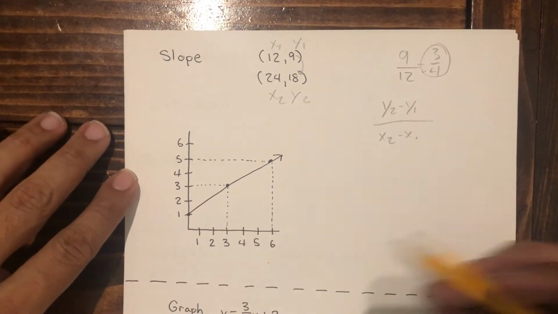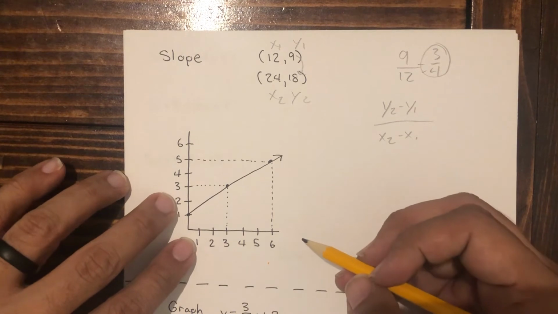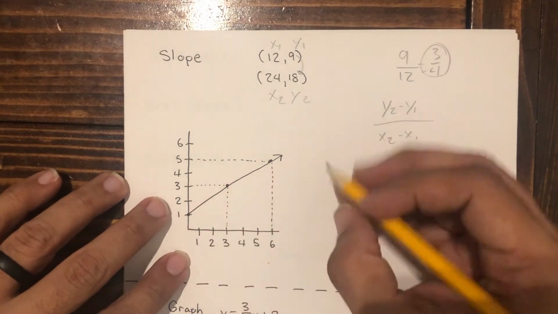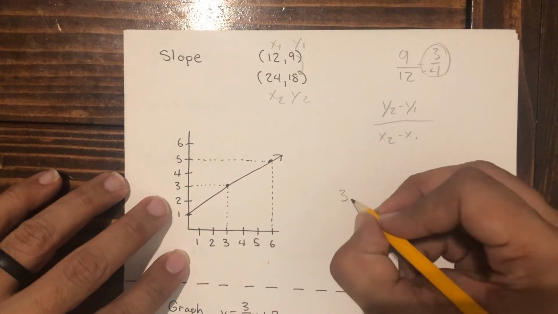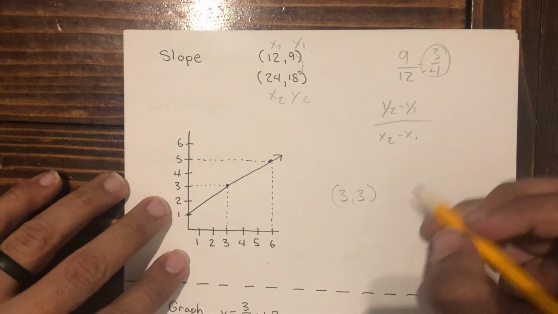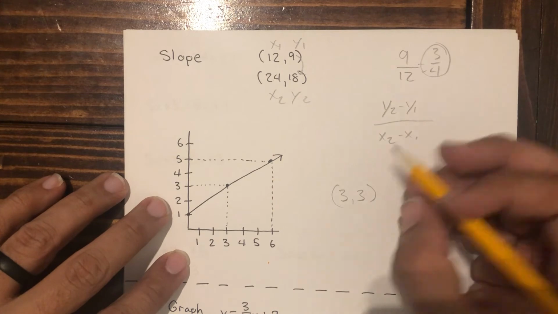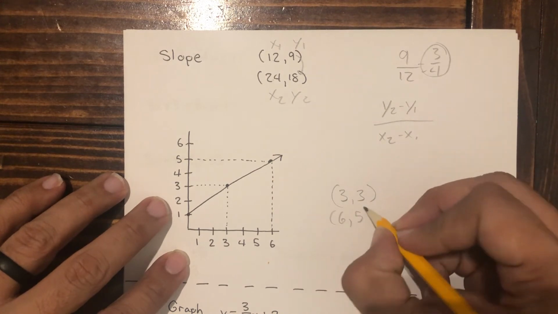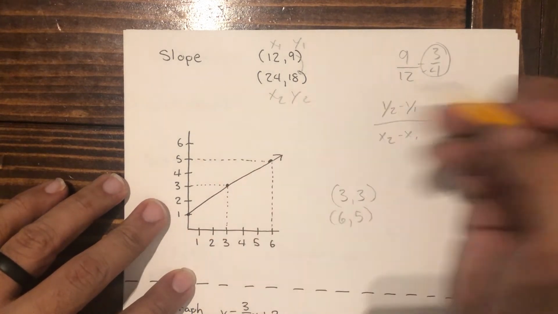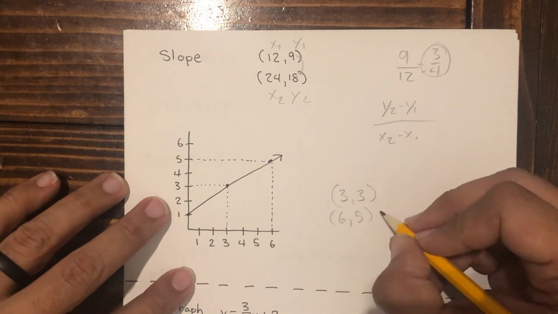I'm going to show you the other method here. I'm going to grab the 2 points from this graph. So it's 3, 3, and then 6, 5. Okay, 6, 5. I always say the x first and then the y. So 6, 5. Those are the 2 points. So I'm going to put them in here.